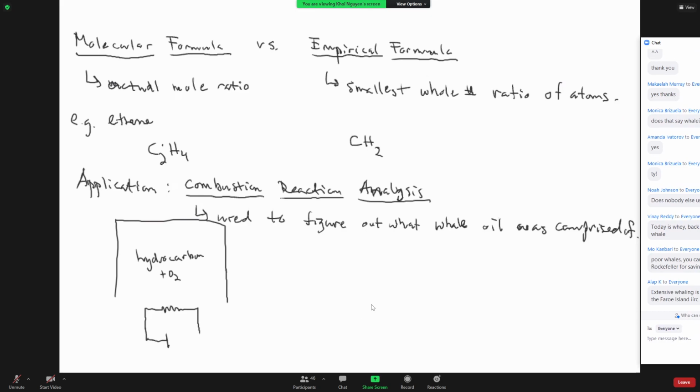So you usually have some type of spark plug or something done with some electricity to get it to light up that hydrocarbon plus oxygen. We're then going to go into a chamber.